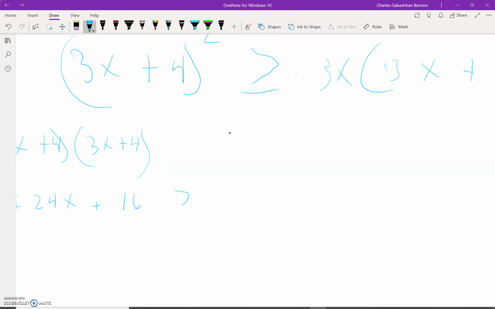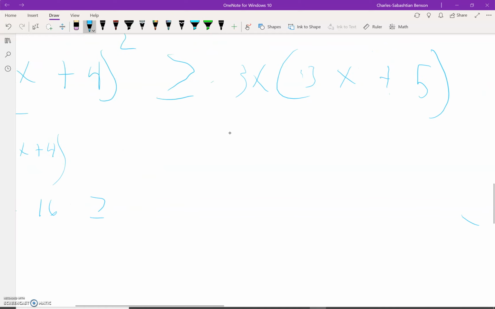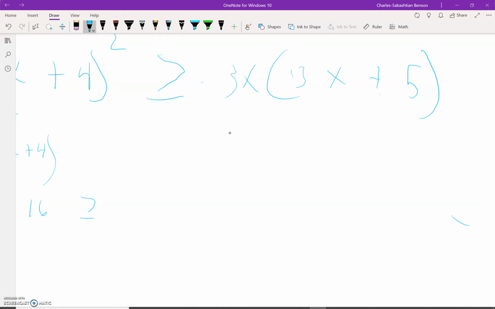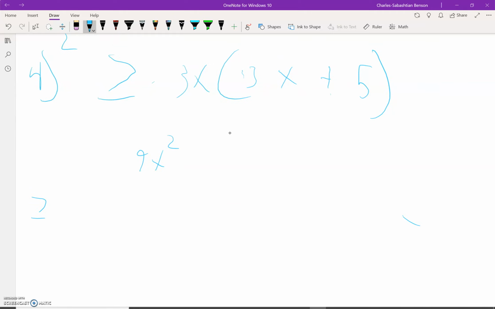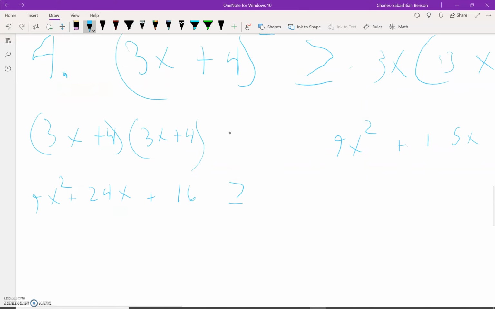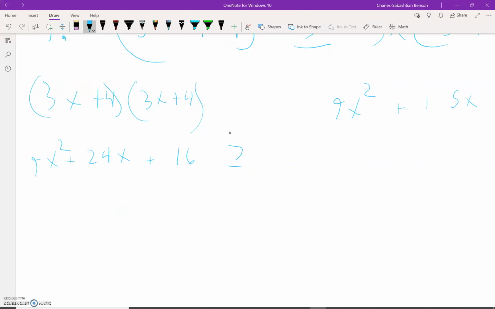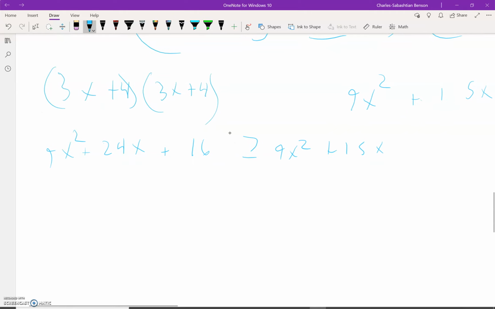This side. We know that 3x times 3x is 9x squared, and then 3x times 5 will be 15x. Now let's bring this down actually. 9x squared is 15x. Now let's subtract.